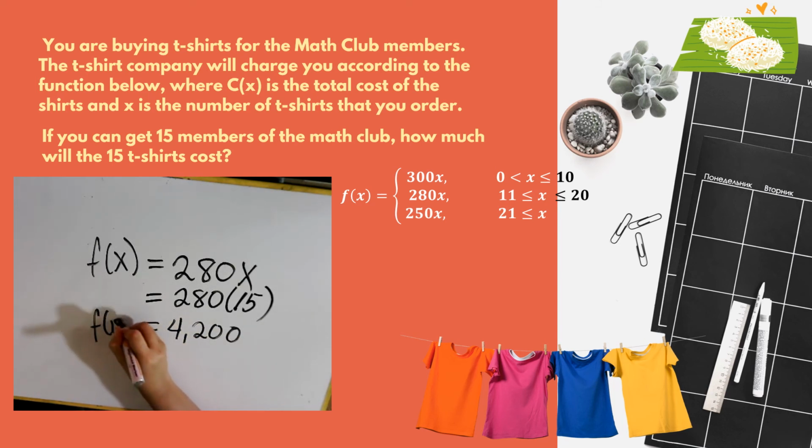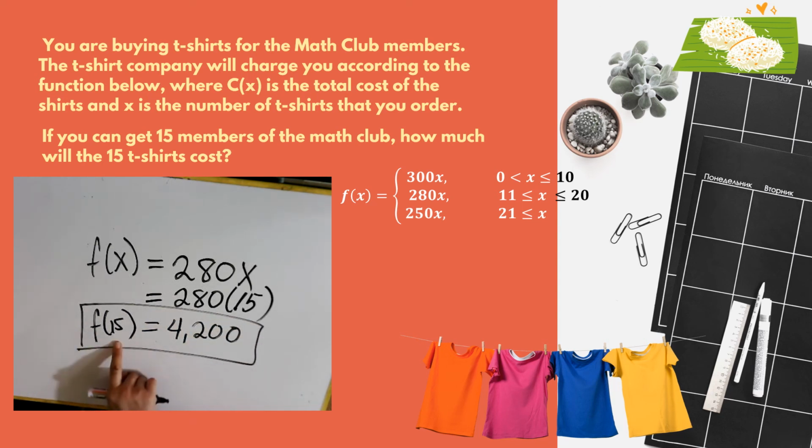So, f of 15 is 4,200, meaning 15 t-shirt is for 4,200 pesos. Yun po ang dapat na bayaran. Yun po ang cost ng 15 t-shirts.